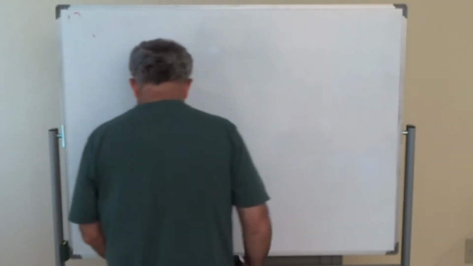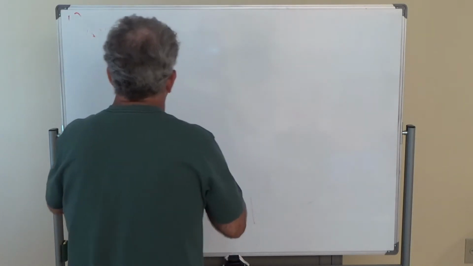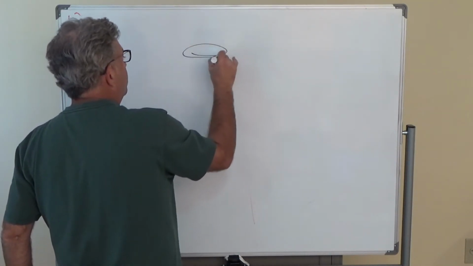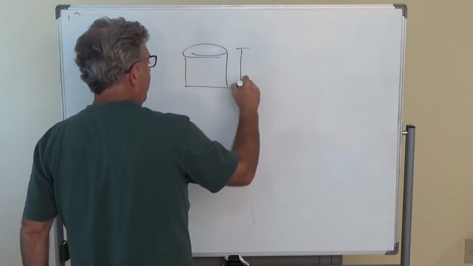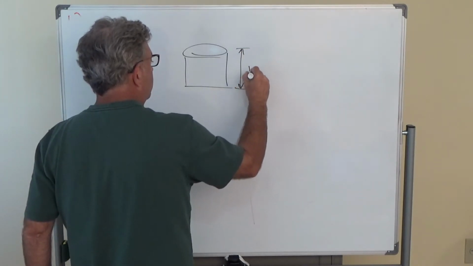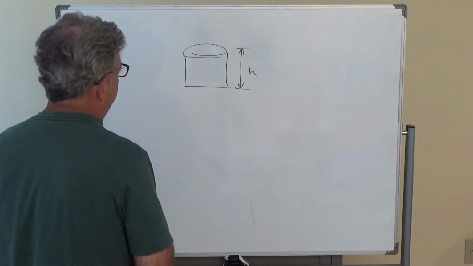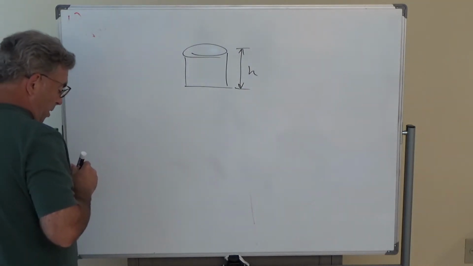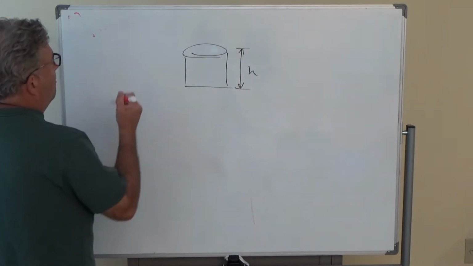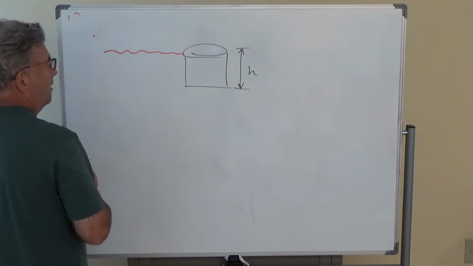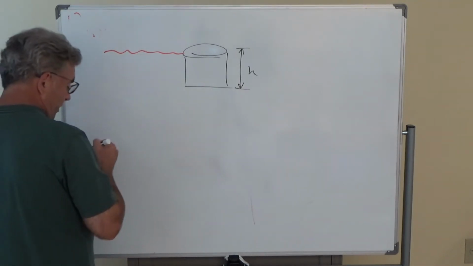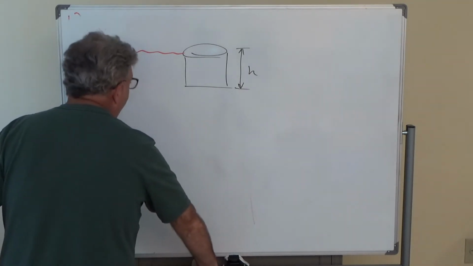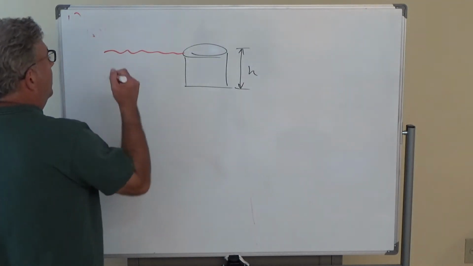So, here's what I think's happening. Here's the well. There's some height h, or depth. I'll just call it h. So this is actually below ground. And up here, this stone is being thrown at some angle.